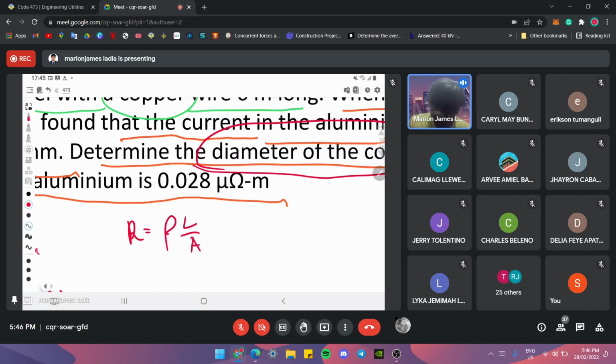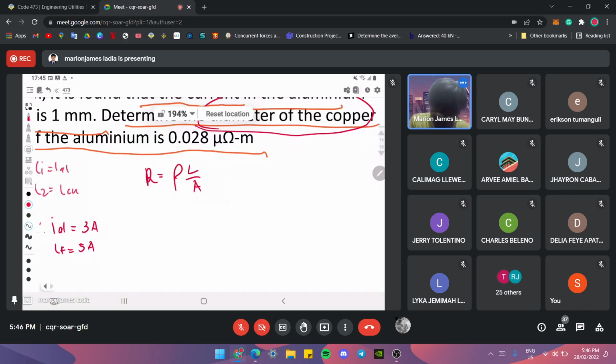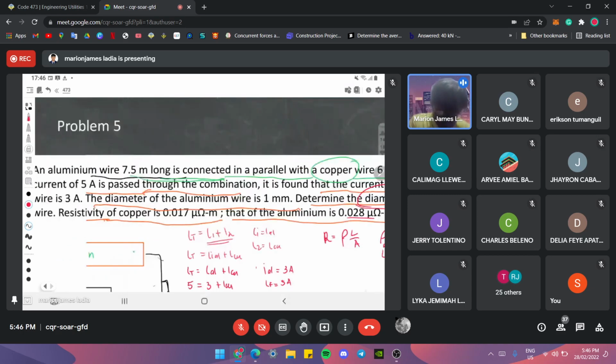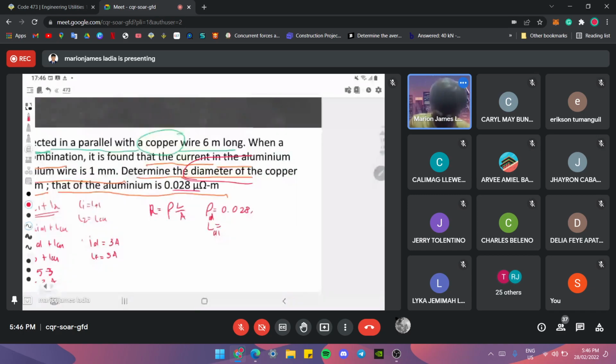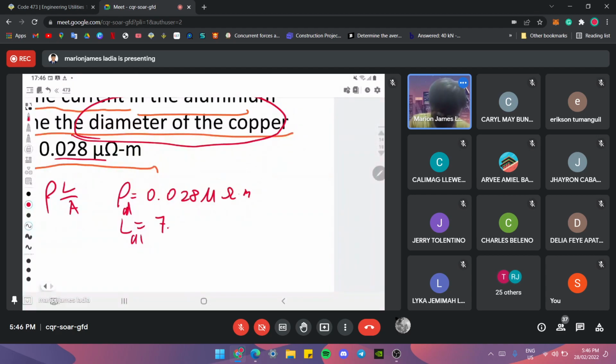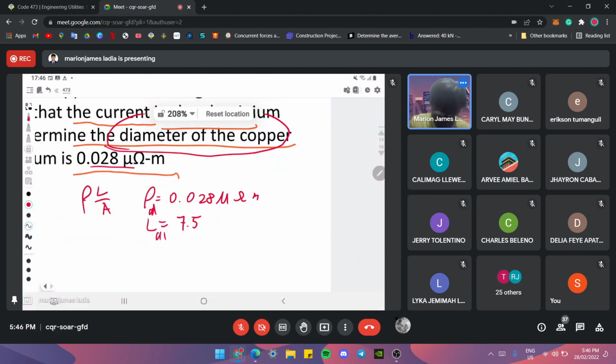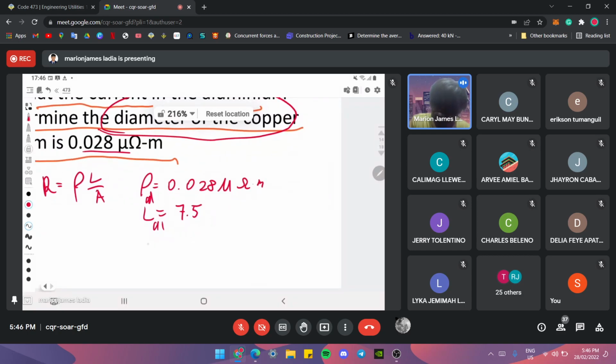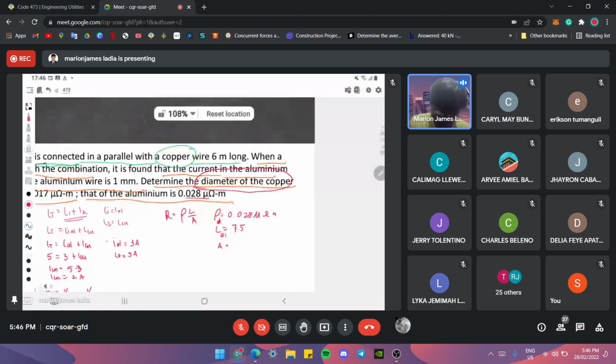So ano yung rho natin ng aluminum? So rho of aluminum is equal to 0.028 microohm meter. Tapos yung length natin ng aluminum is equal to 7.5 meter. Tapos, may cross-sectional area tayo dito, di ba?